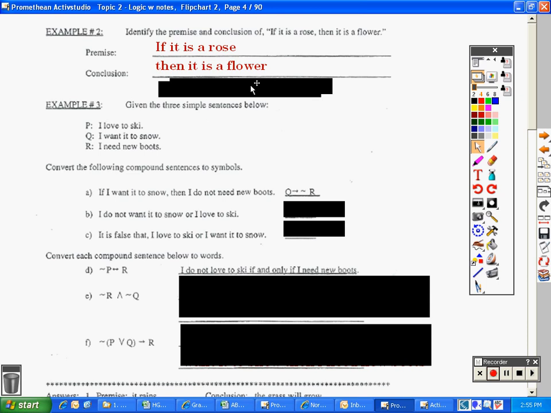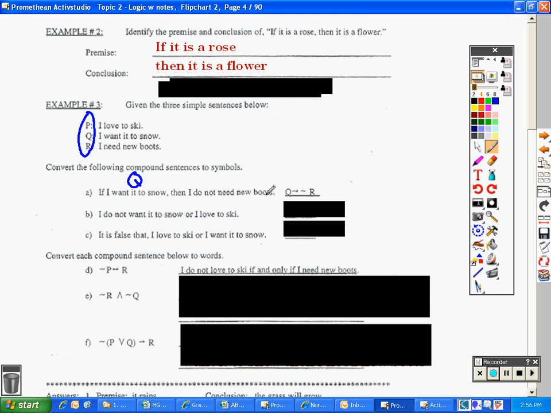All right, here's the part that's kind of new. We are going to take these simple sentences that have been made for us, P, Q, and R, and we're going to translate these words into symbols. So the first one we've done for you. If I want it to snow, which is the letter Q, then I do not need new boots.